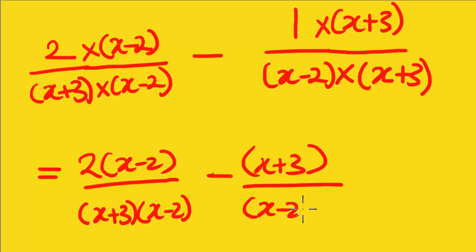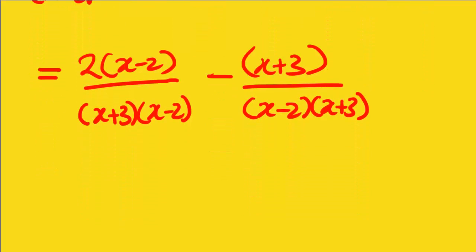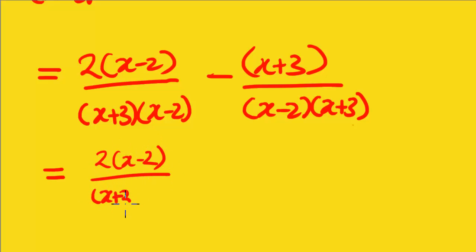So all we're trying to do is have two fractions with the same denominator, which you do now. As you can see, the denominator of the first fraction is x plus 3 times x minus 2. The denominator of the second fraction is x minus 2 times x plus 3, which is the same thing as x plus 3 times x minus 2. So let me make that crystal clear. When you're multiplying two things, you can write them in any order.